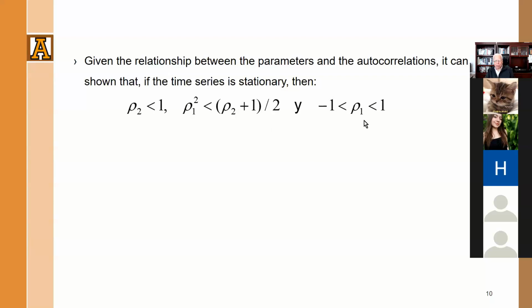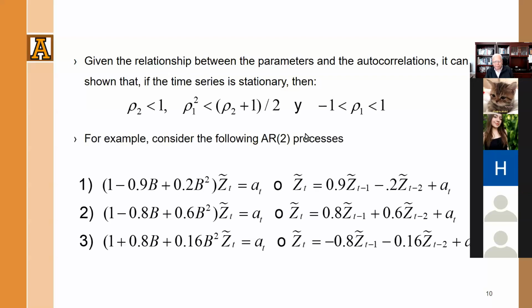And rho 1 will always be between minus 1 and 1. That's not new. What it says is that rho 1 is strictly less than 1 in absolute value, right? So that condition holds if the series is stationary.